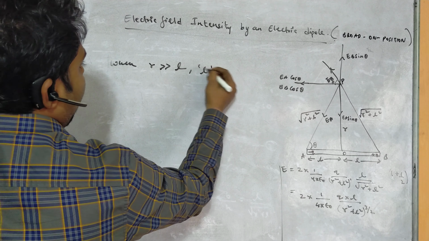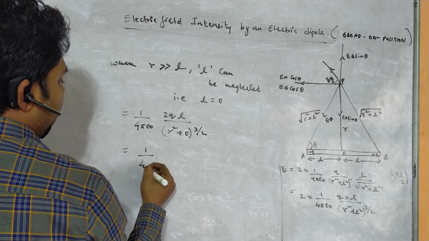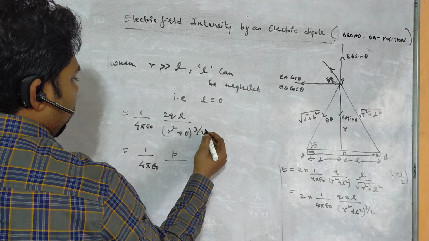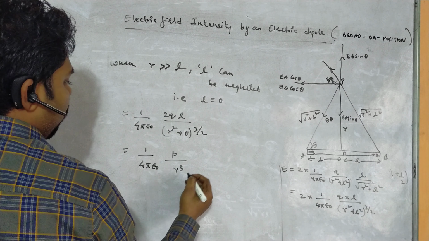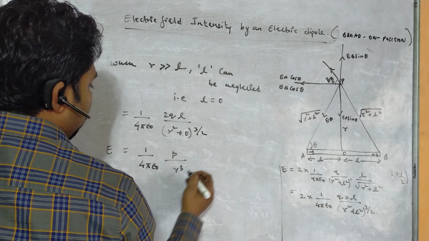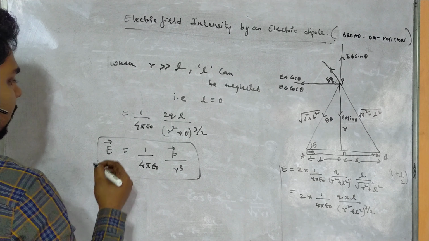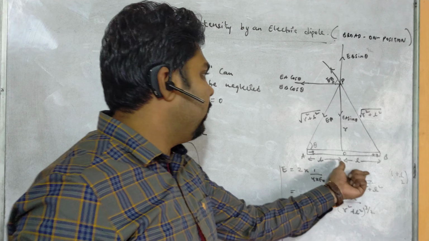If I substitute 0 here, I will get 1 by 4 pi epsilon naught 2QL by R square plus 0 to the power 3 by 2. This total term 2QL can be written as P. 2 and 2 will get cancelled, and you will get R cube. So this is the final expression of the electric field produced by an electric dipole at broadside on position.